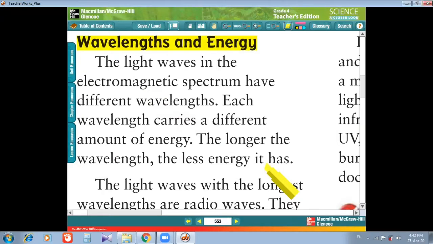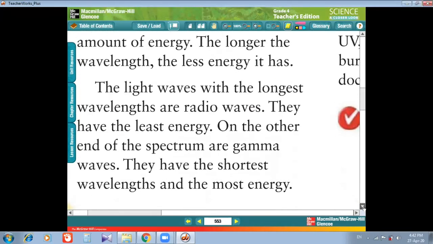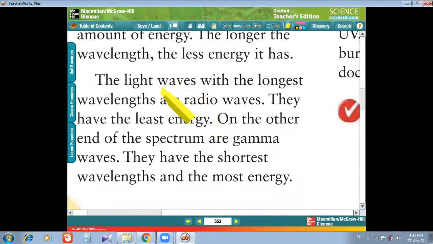The light waves with the longest wavelengths are radio waves. It means the amount of energy will be less. They have the least energy. Radio waves: longest wavelength, least energy.